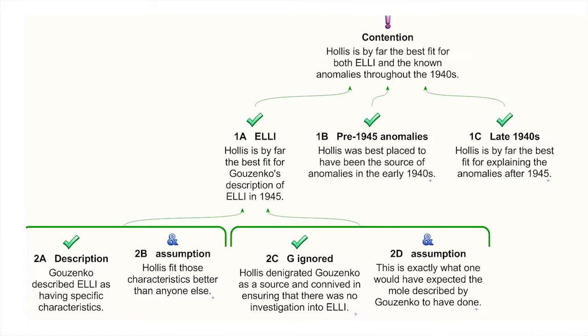The second thing to consider is that Hollis denigrated Guzenko as a defector and as a source, and connived in ensuring that there would be no serious investigation within MI5 into Guzenko's claims, no hunt for Ellie.